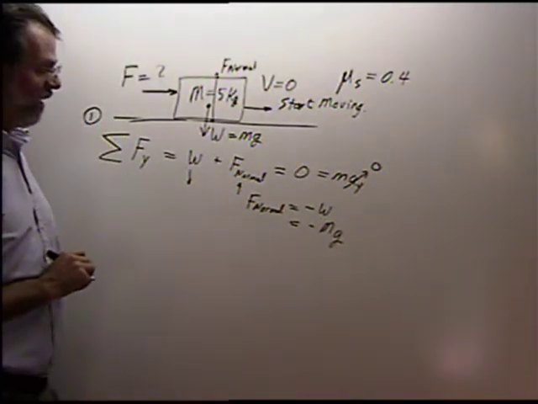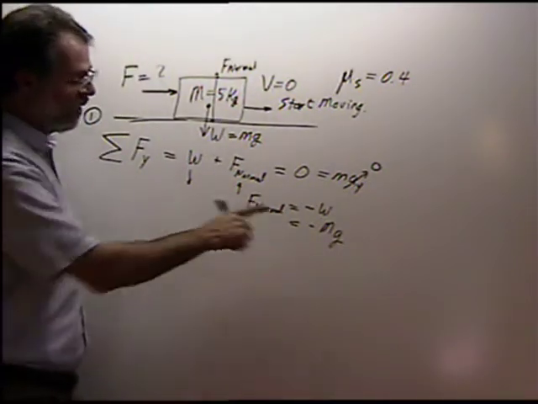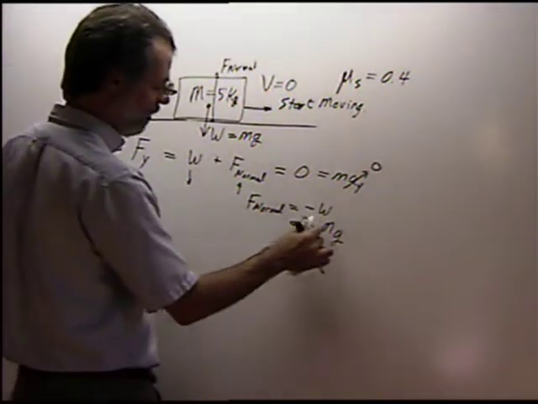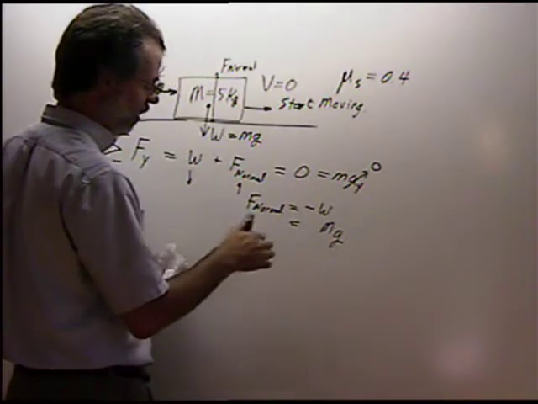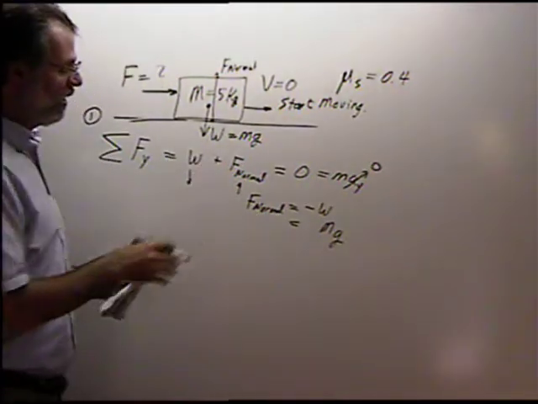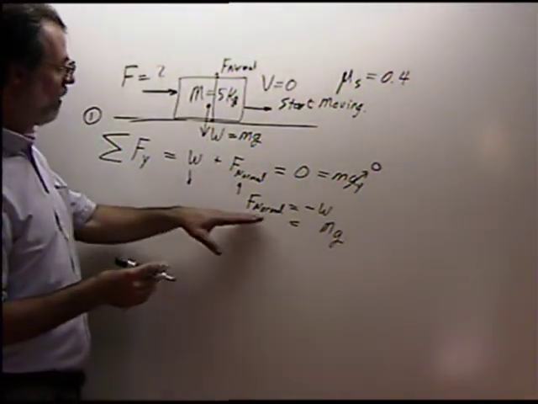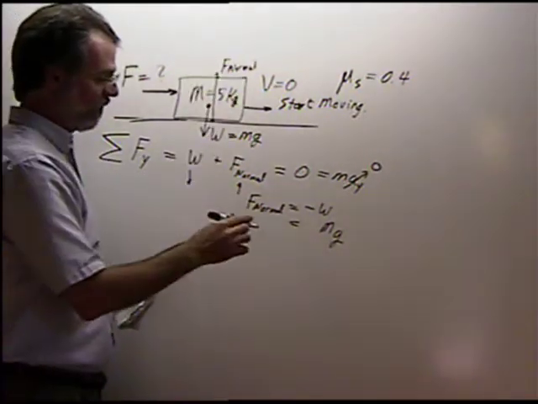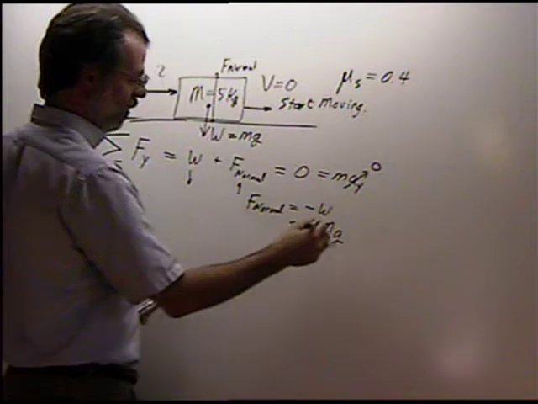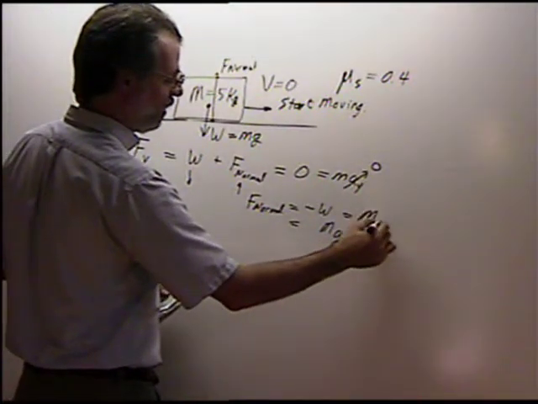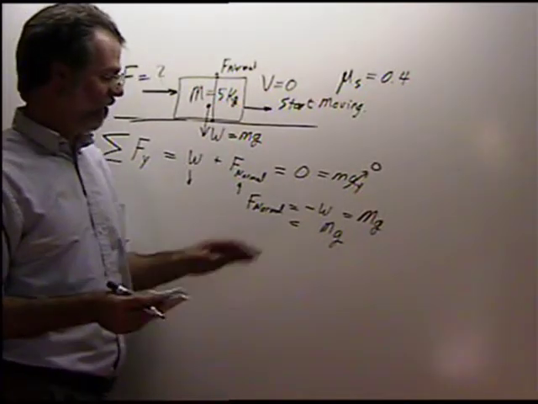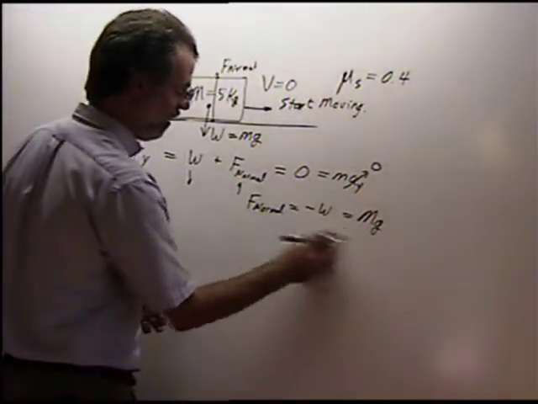Okay, mg. Now, for the purposes of calculation, we know that the direction of the normal force is up. So all we need is the size, the absolute value, the numerical value of the normal force. So that's mg.